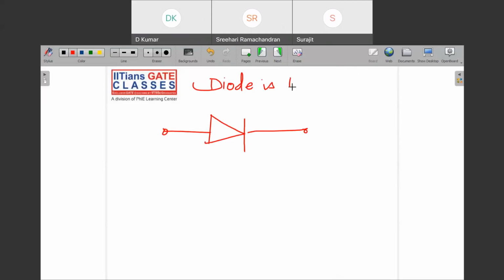Diode is a two-terminal device, you can see.